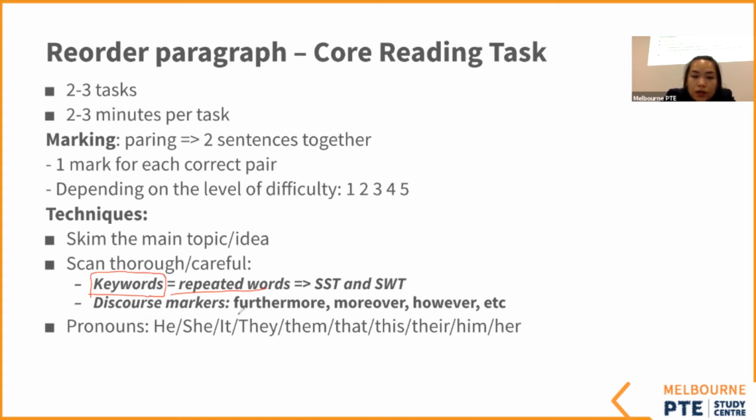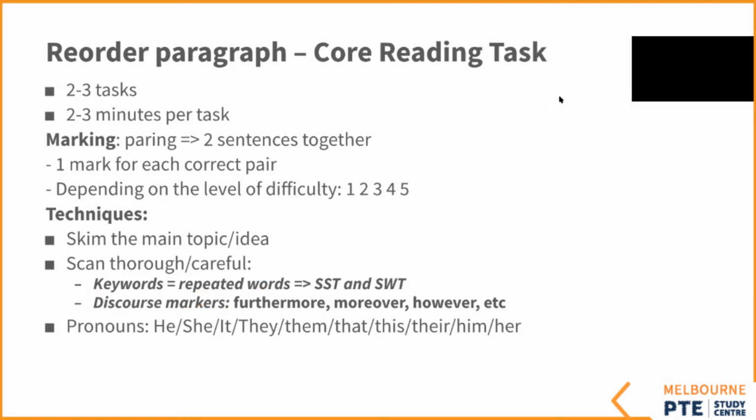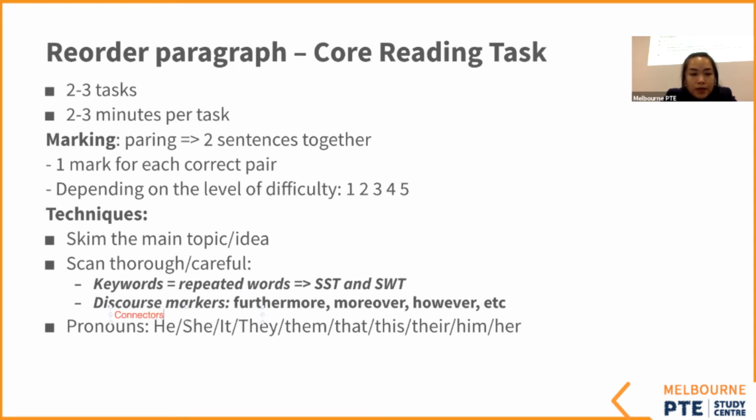Second, you need to pay attention to discourse markers. What does it mean by discourse marker? A discourse marker is a connector. So why do I have to pay attention to connectors? Because it means there is something before. When we use a connector, we try to link two sentences together.